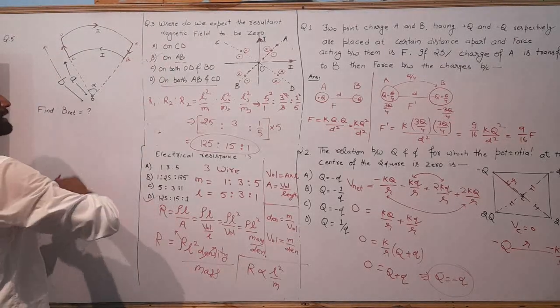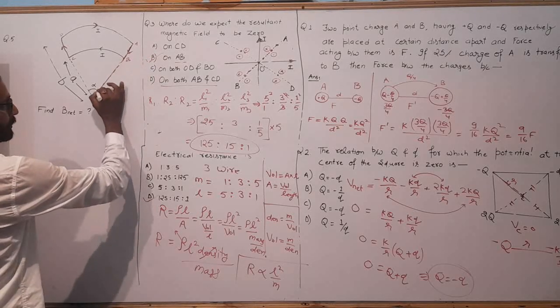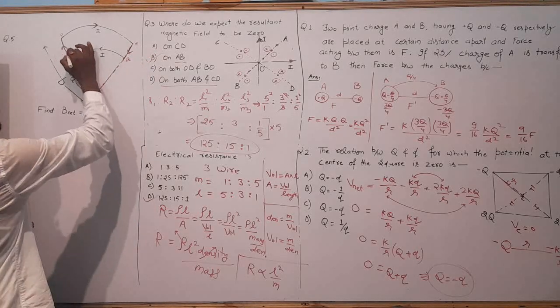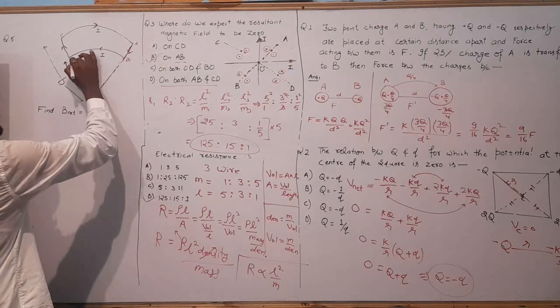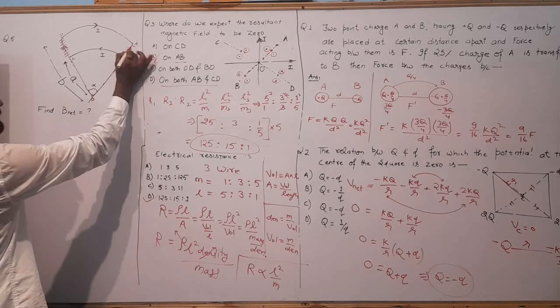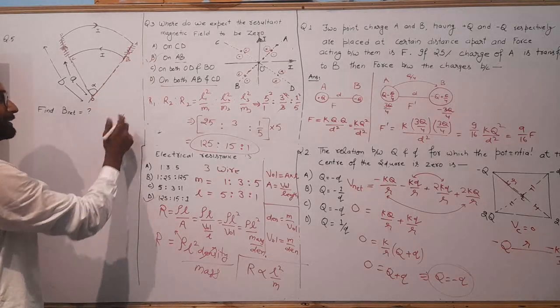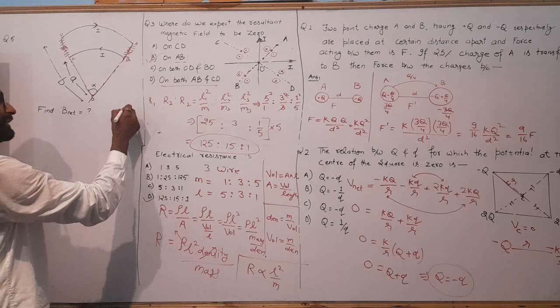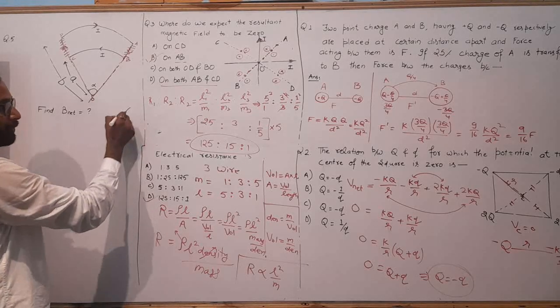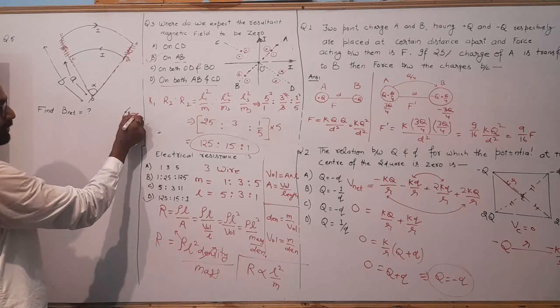That means this portion goes to this point, and this portion also goes from this point. So we can say there is no magnetic field by this portion and no magnetic field by this portion. If any points lie on the current carrying conductor's path, the value of B will be 0.